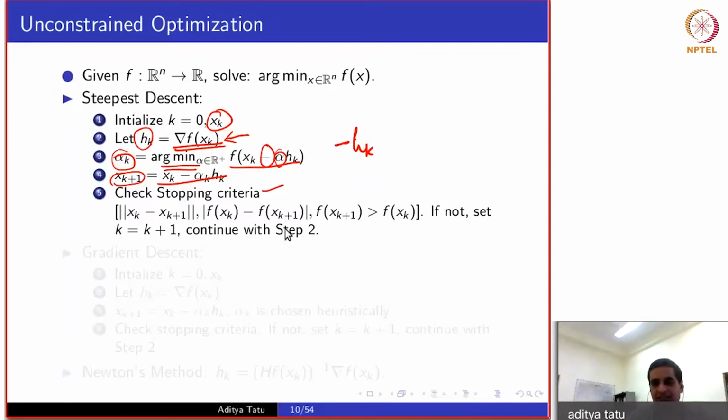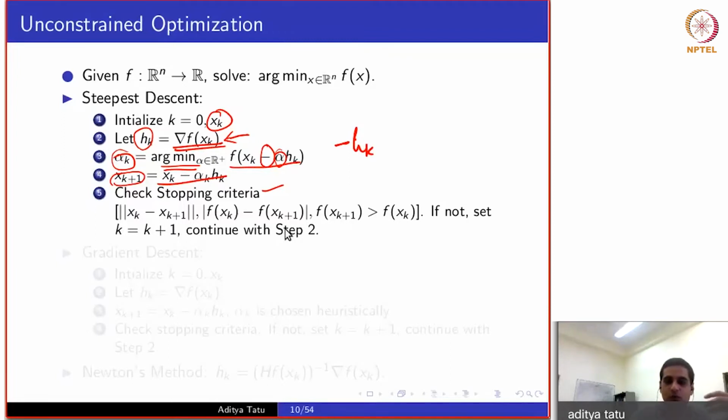If you look at the area around you in a radius of 2 meters, you pick a direction in which there is the most descent, the height decreases the maximum. So you go in that direction, you reach a new point, again you have a new area which is visible. In that area you again look for a direction in which the height reduces the maximum. Again go in that direction and repeat.